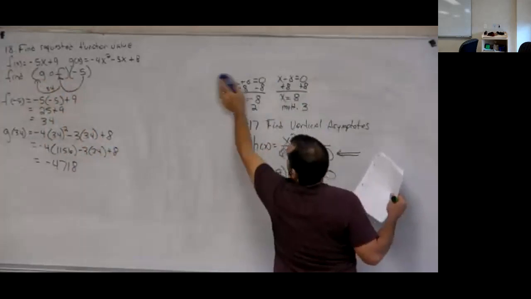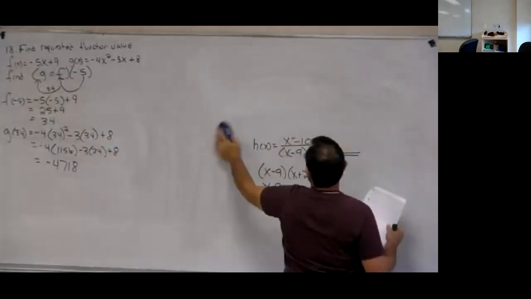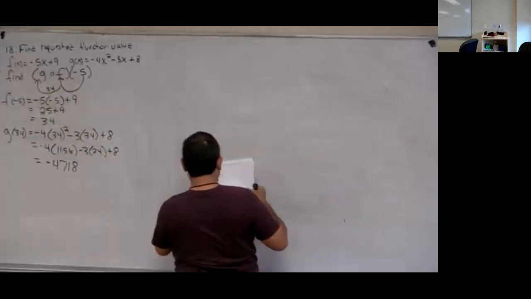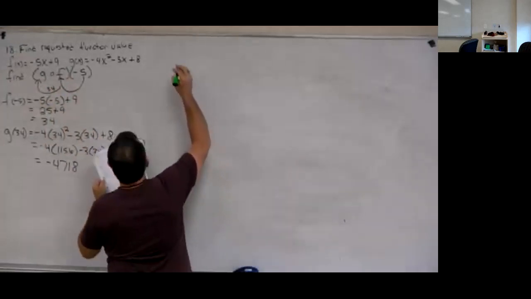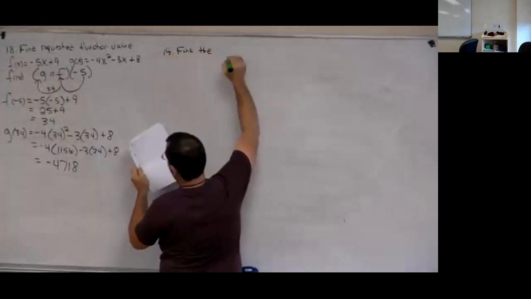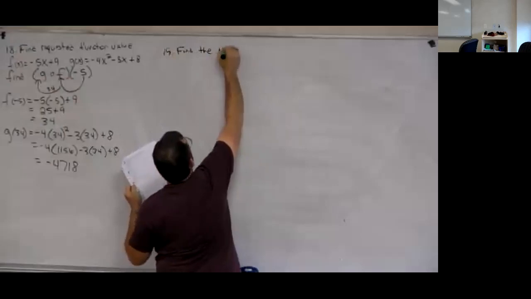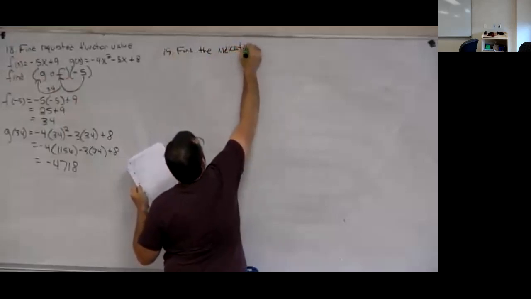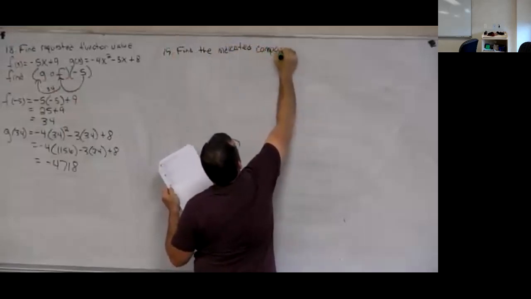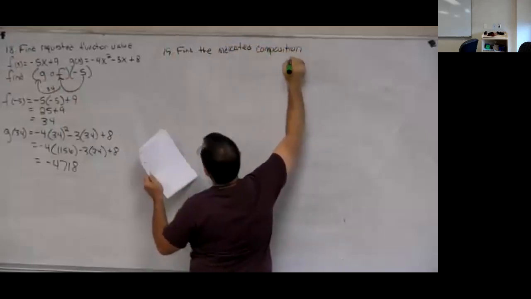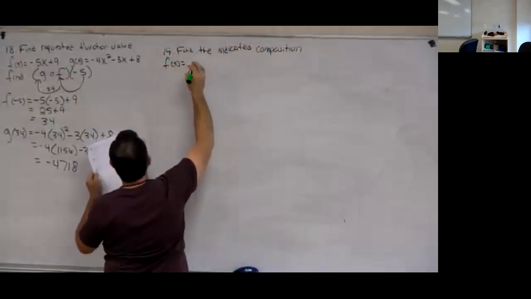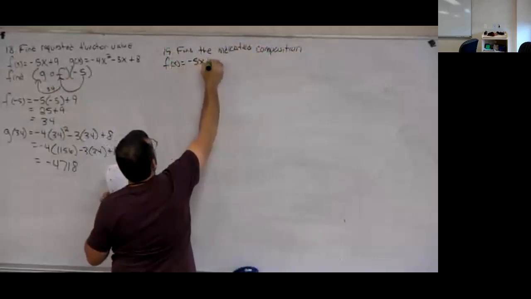All right, now the next one was doing the same thing, but they didn't give us the numbers. So 19, find the indicated composition. F of X equals -5x plus 4.